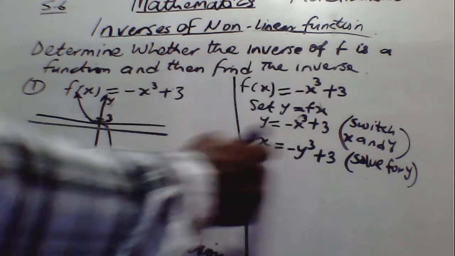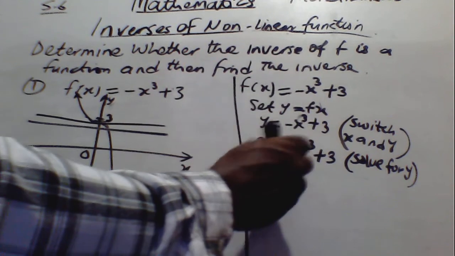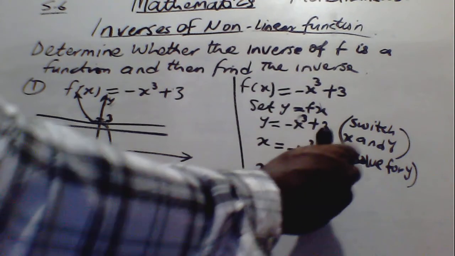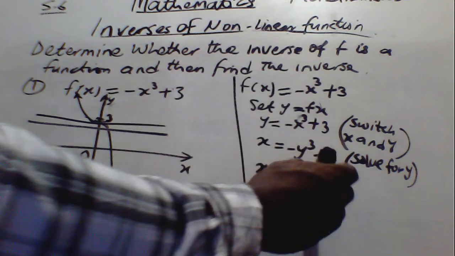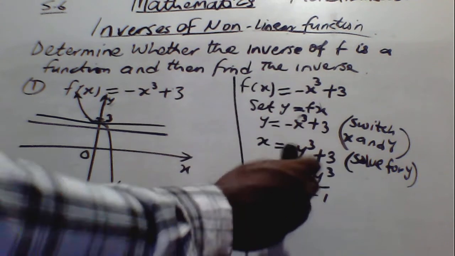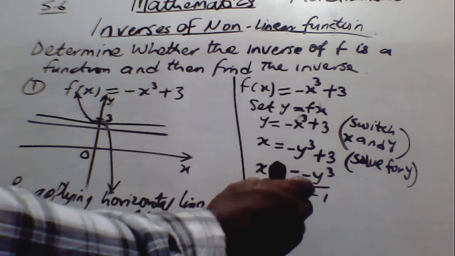So to solve for y, we take the 3 across the equal sign. We have x minus 3 is equal to minus y raised to power 3. Then you divide by minus 1 to make y raised to power 3 the subject.